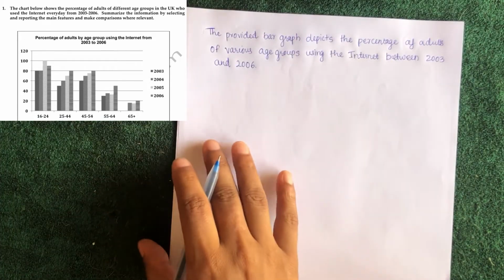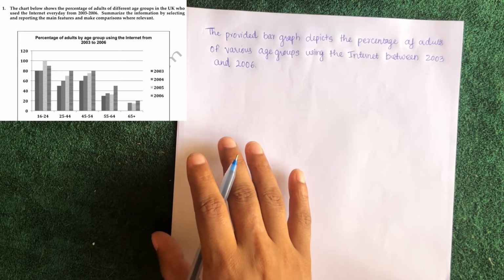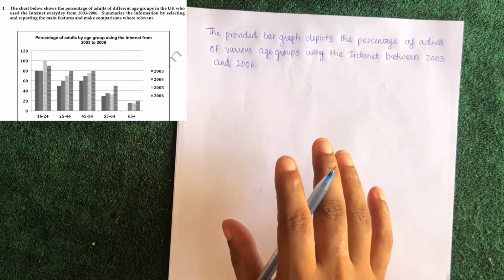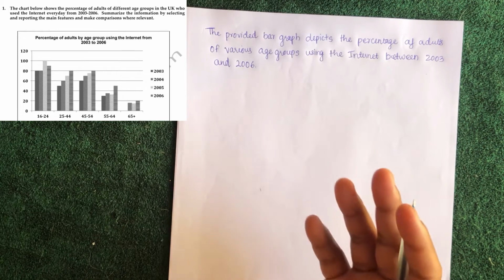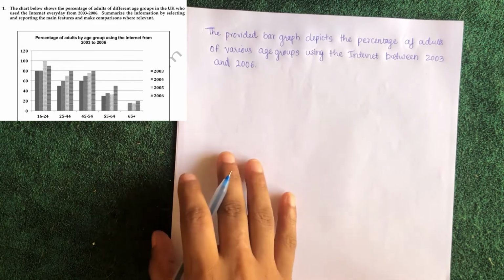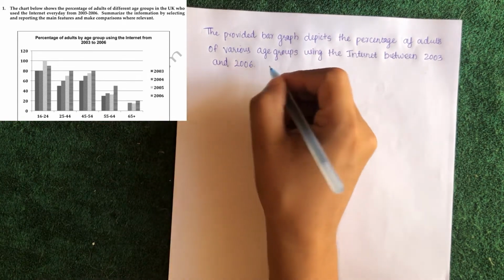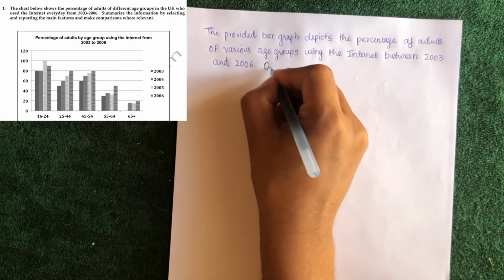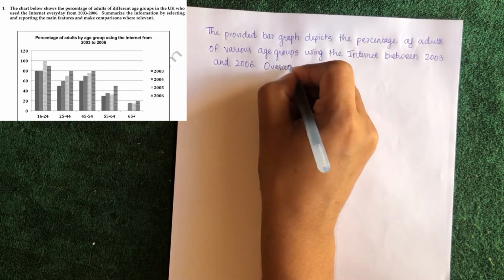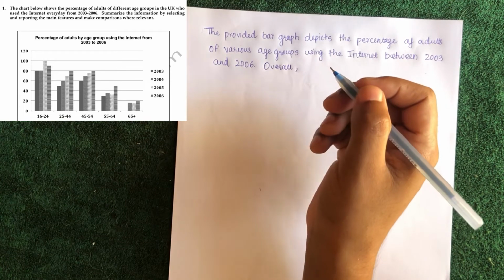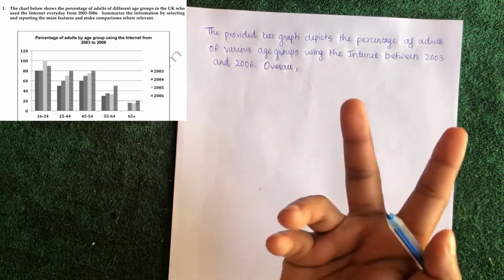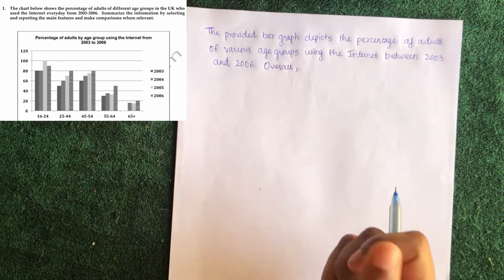Now the important aspect of the graph is that you should know how to write a good overall. The overall is the most important thing, so we'll write overall. How can you identify the overall?